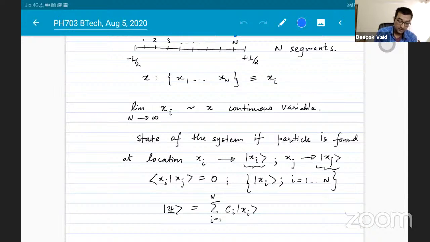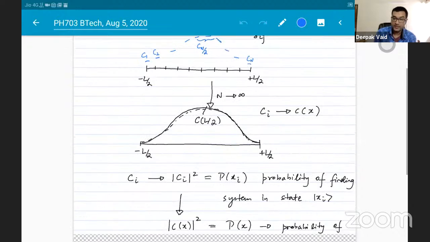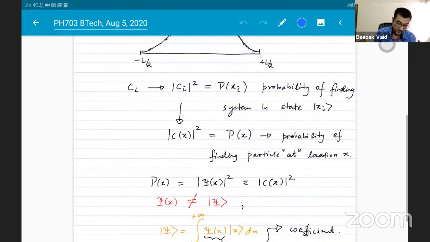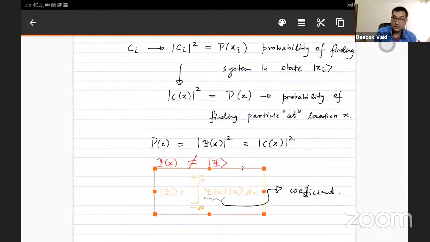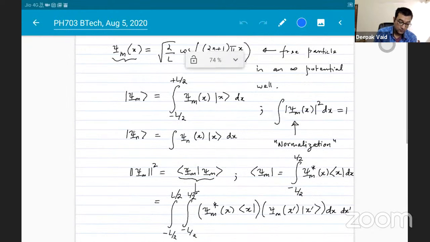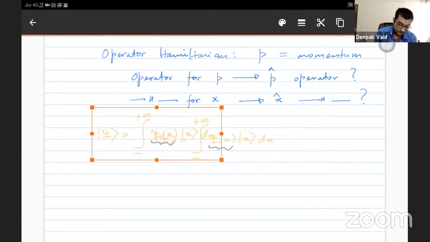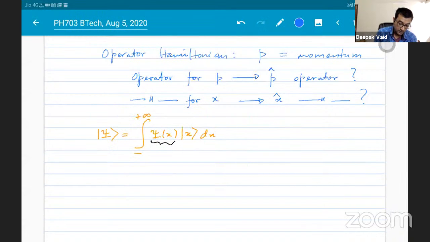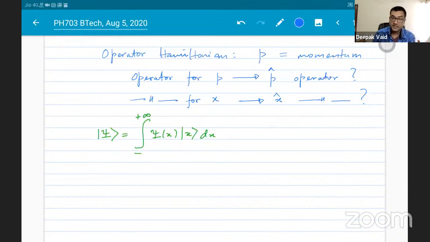And if I take the limit that the number of points goes to infinity so that we get a real line, then my function becomes a continuous function of x. So this psi of x, let me now go back and use this notation over here. So this is my state.